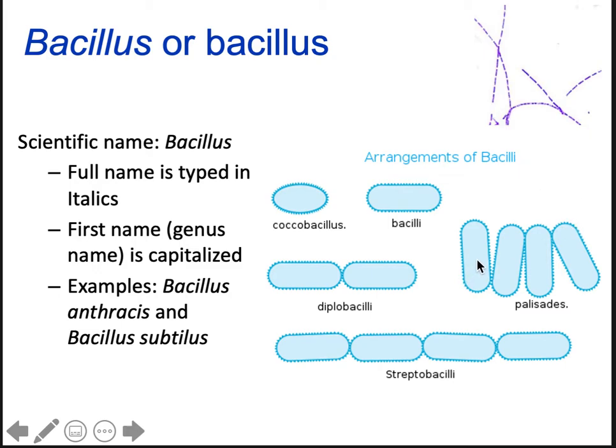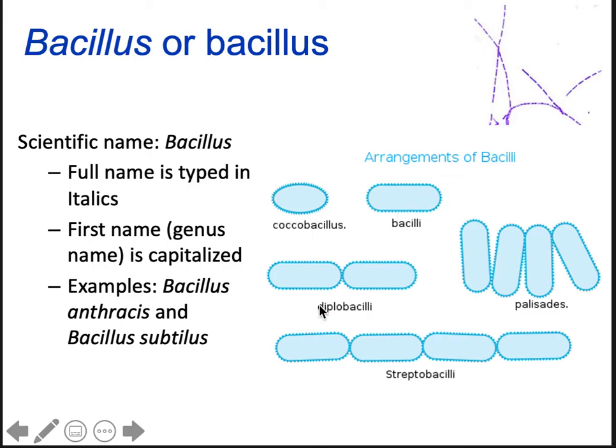Furthermore, things like E. coli don't form a chain, but they just kind of form clusters. And when we talk about bacillus clusters, we call them palisades. So the shape is bacillus, or bacilli for plural.